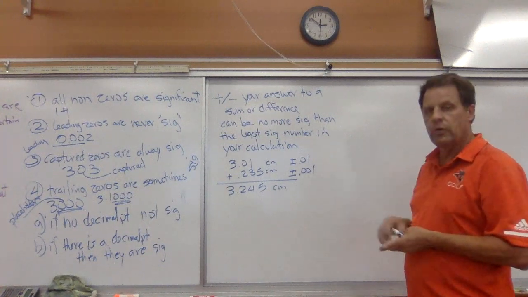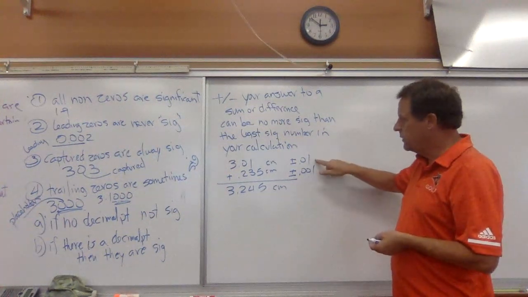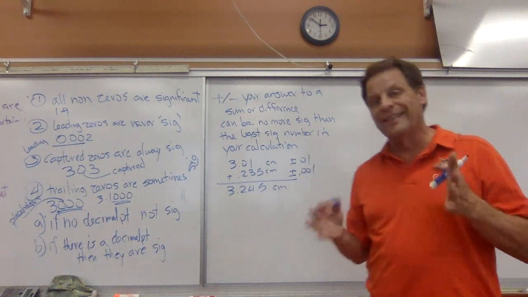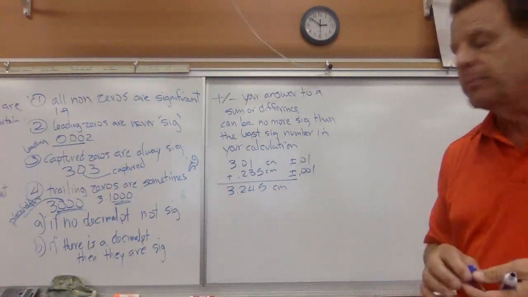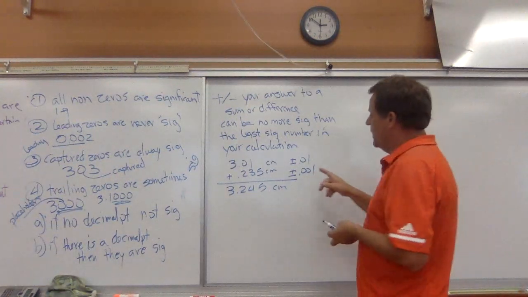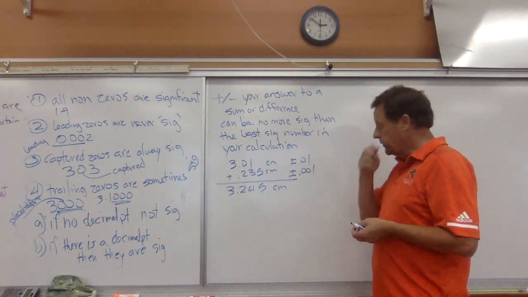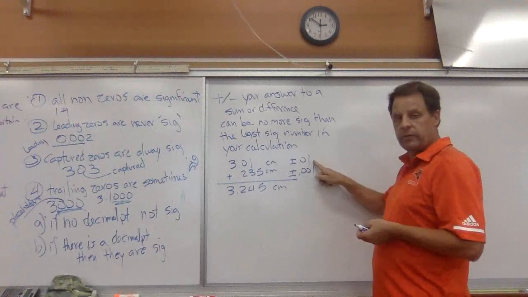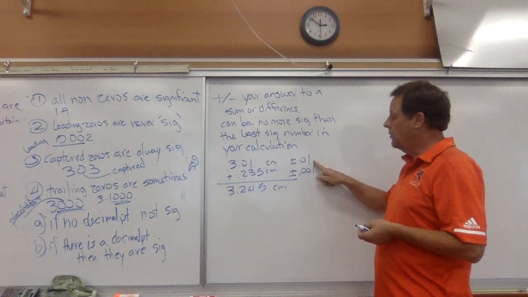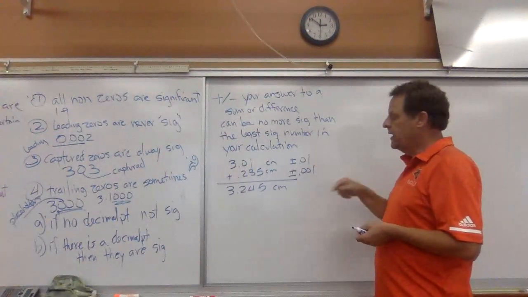So when we look at these two numbers, we can see that this 3.01 centimeters is less precise than this one right here. In fact, it's 10 times less precise. So we need to round it to plus or minus 0.01.